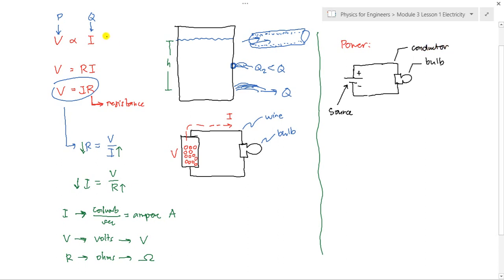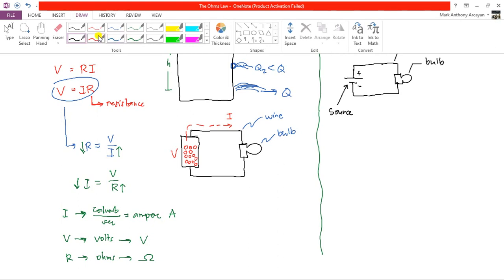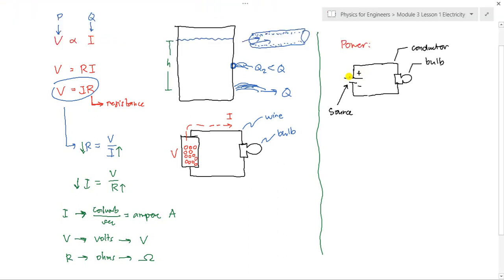This one connects our source and our bulb, so this is our conductor or connecting wire. As what I told you earlier, our power source or our battery is like a water tank.